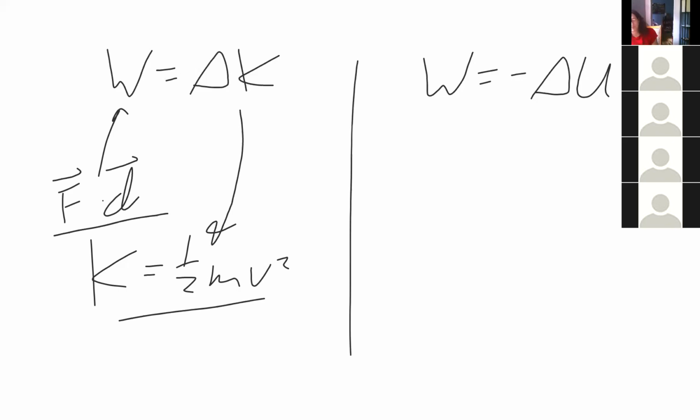On the flip side, we have something called potential energy, which we haven't seen yet. There are a few different types of potential energies. The first one that we'll be concerned with is called gravitational potential energy. And just to give it an expression, one expression that you'll see for it is mgh. Remember, mg is a weight. h is the height above the ground.